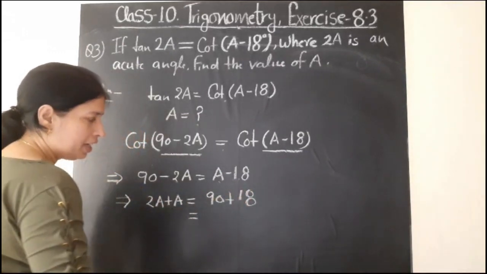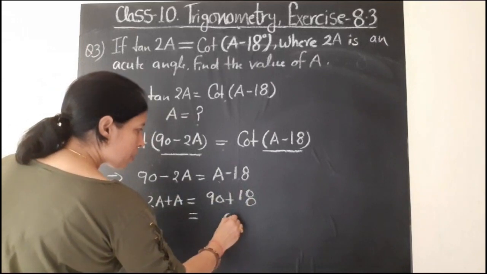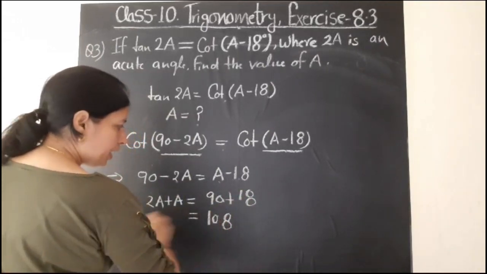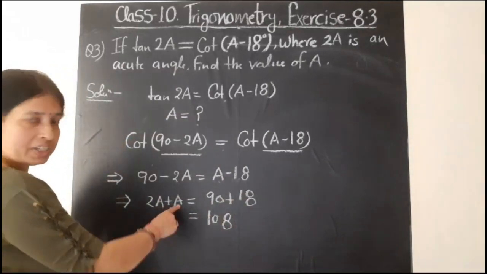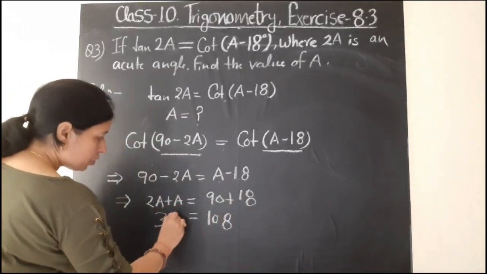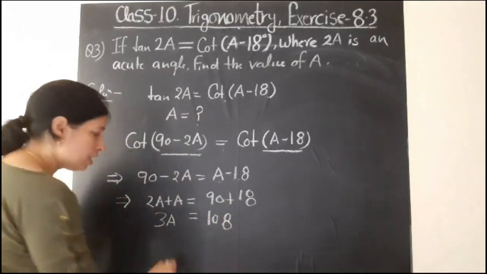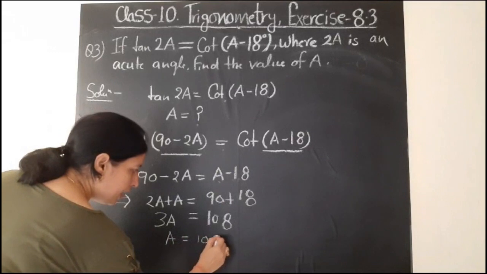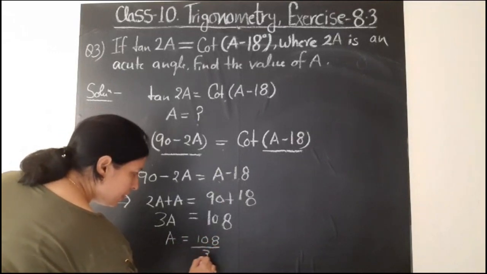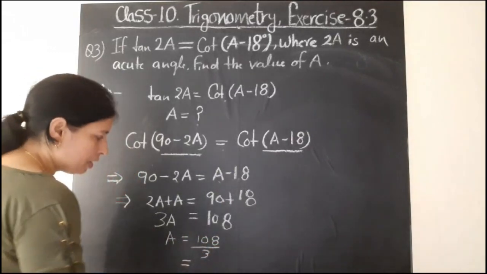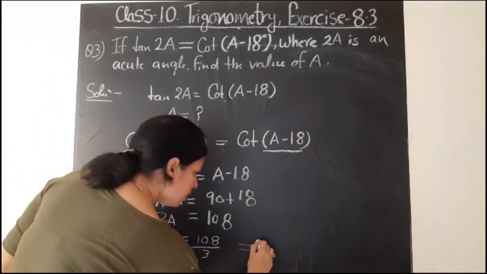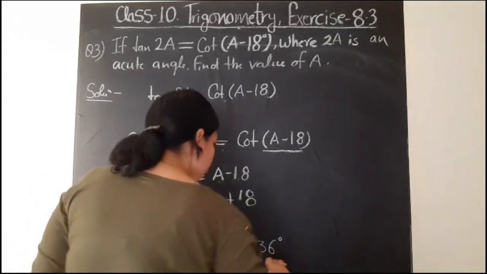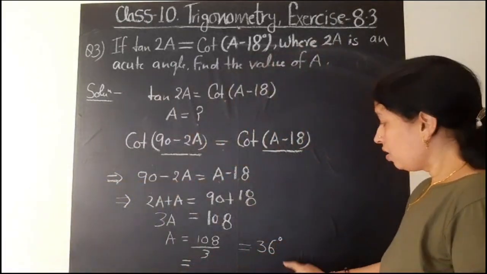So 90 plus 18 is equal to 108, and 2a plus a is equal to 3a. So 3a is equal to 108. So a will be 108 divided by 3. So it will come right here 36 degree. So the value of a will be 36 degree.